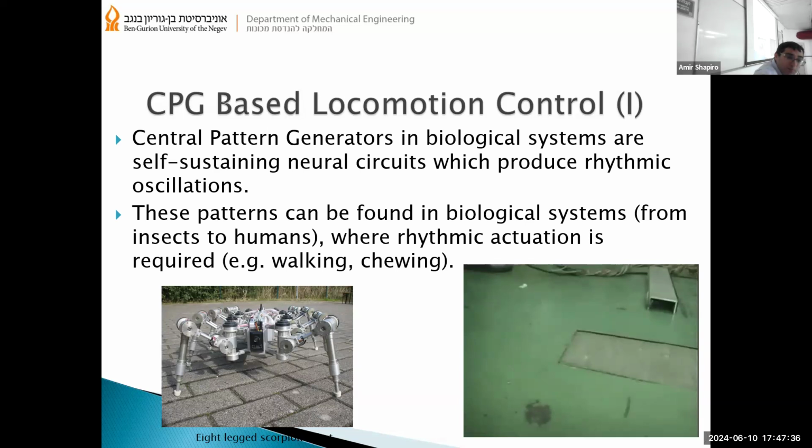CPG is the central pattern generator that animals and also humans have in their spine, not in their brain, and it generates the repetitive motion of the gait pattern.